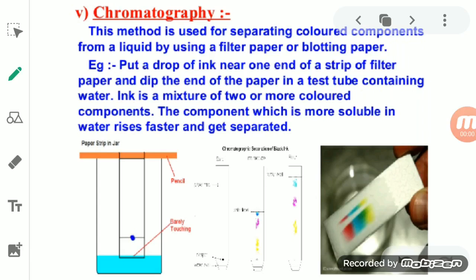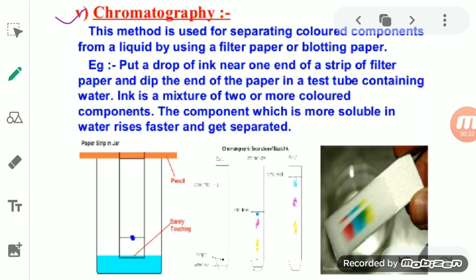Now see here, there is another method by which we can separate solid substances from a liquid, and that is known as chromatography. Chromatography is a technique of separating two or more dissolved solids which are present in a very small quantity.